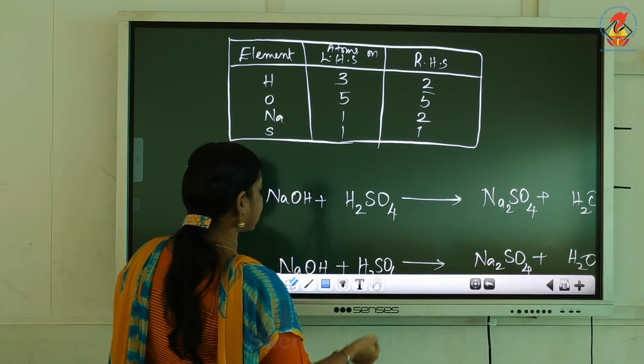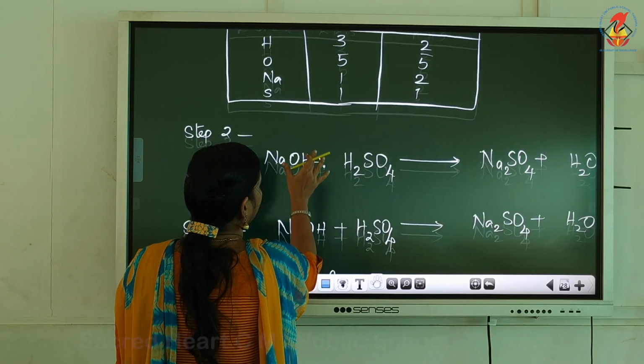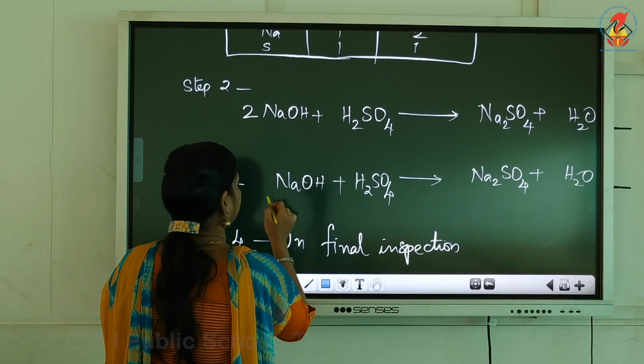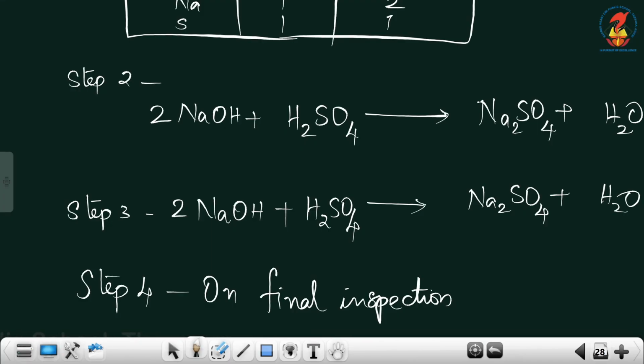So in the next step we have to equate the number of hydrogen there. Here this 2 and 2 plus 2, 4, here only 2. So we have to equate by putting 2 there on the right side.